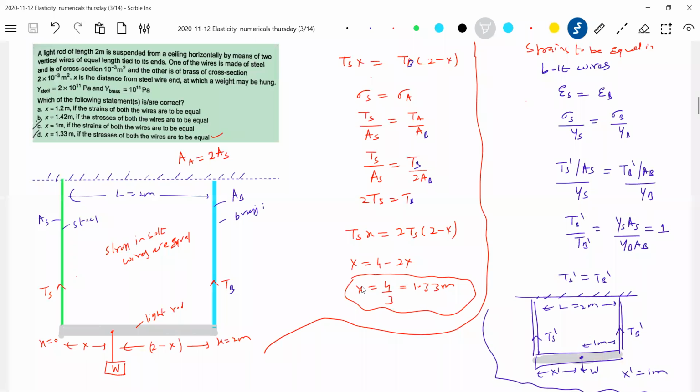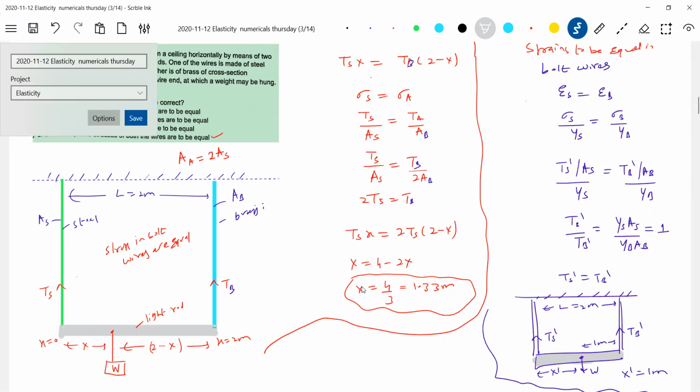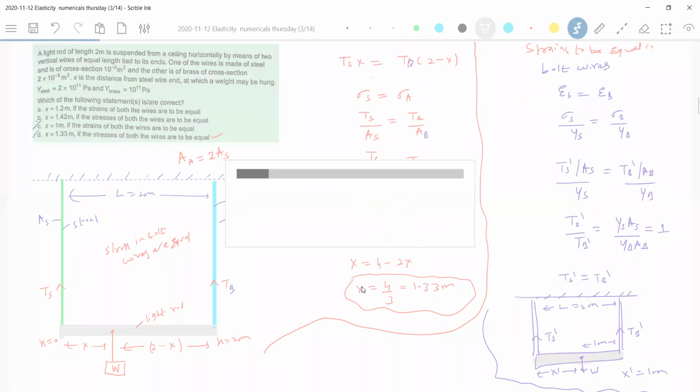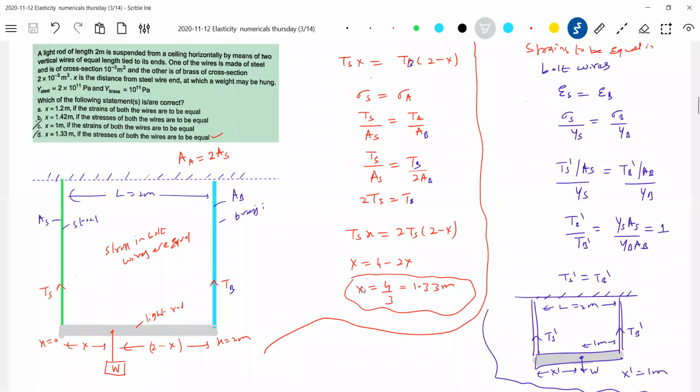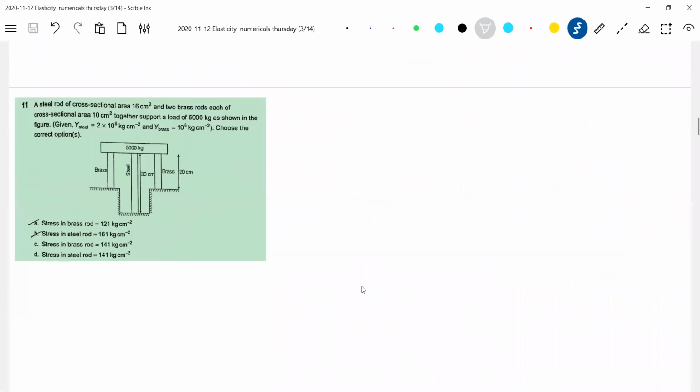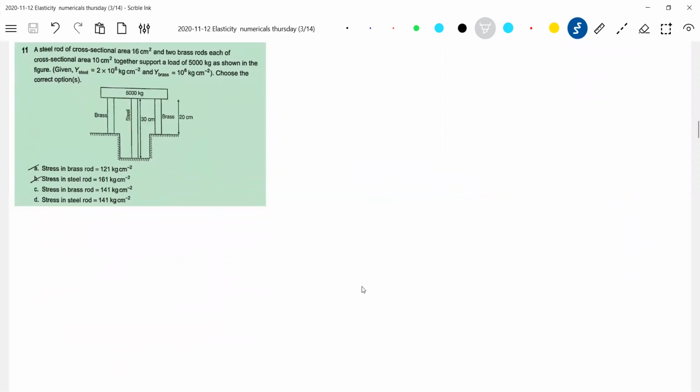I'll scroll down. Okay, read the question. I'll set the diagram.